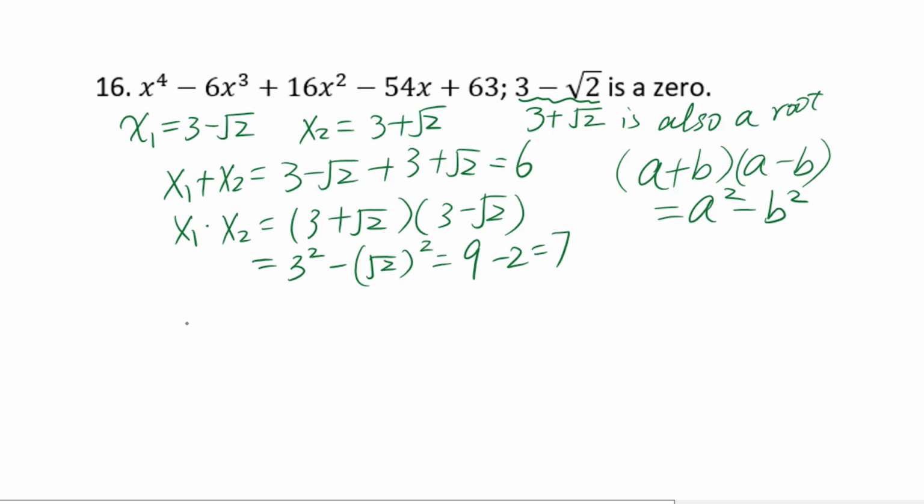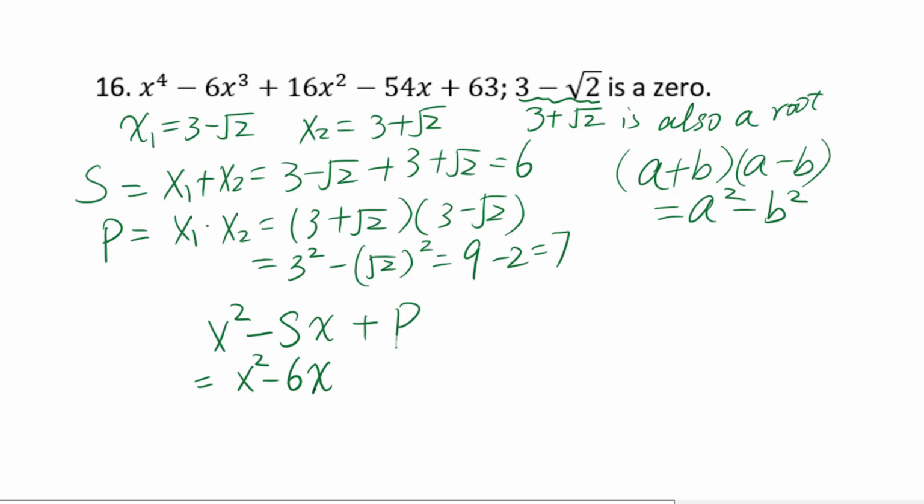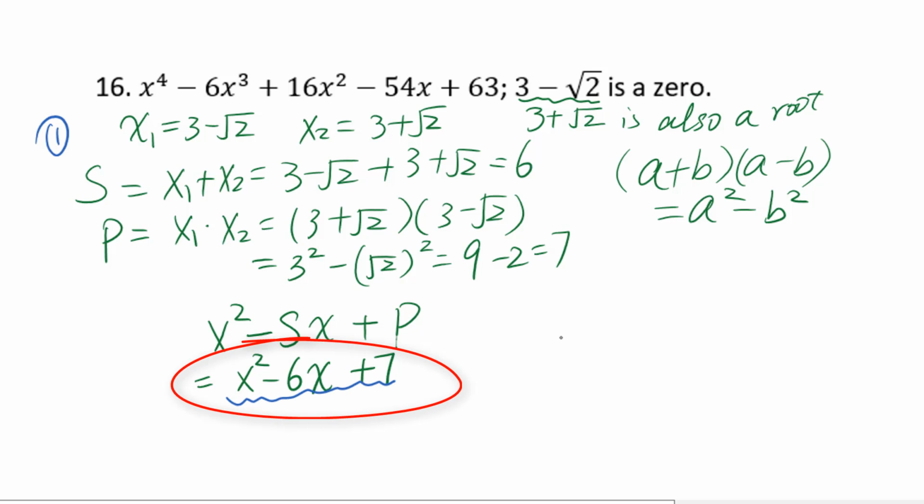We use Vieta's form, x squared minus sx plus p, where this is the sum and this is the product. So x squared minus 6x plus 7. Then we have to use division to figure out the other factors. We have to use long division because the factor we got is not a linear factor.